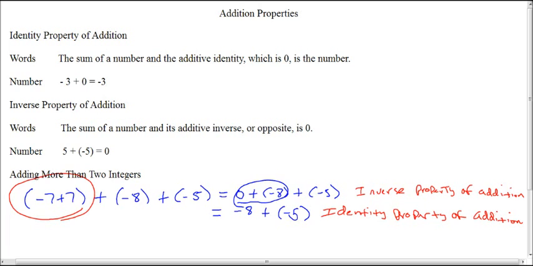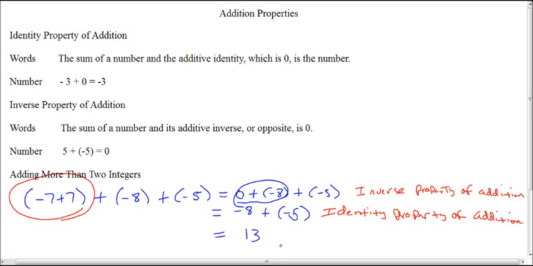Now we're left with a negative 5 plus a negative 8. So we'll go back to our rules of integers. We have the same signs, so we just add 8 plus 5, which gives us 13.